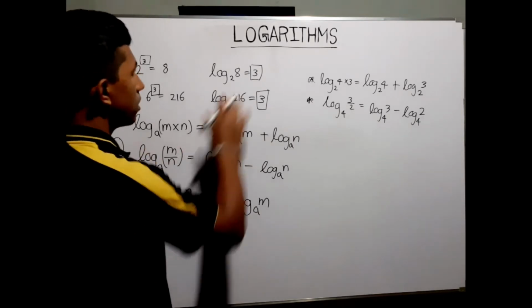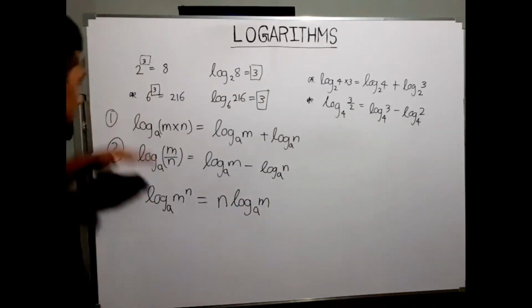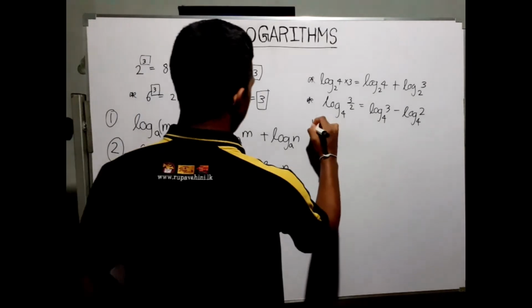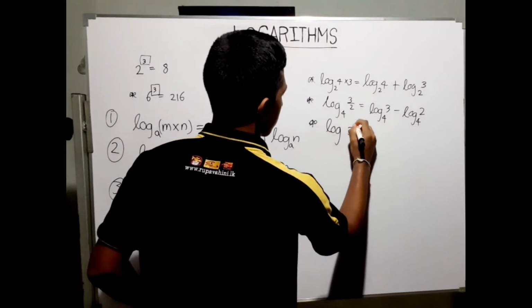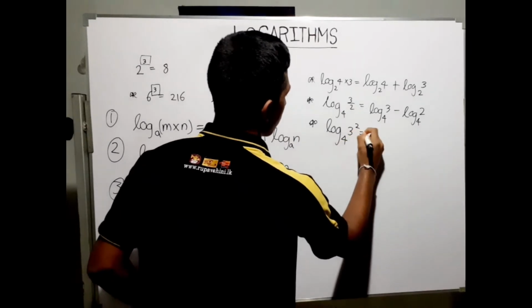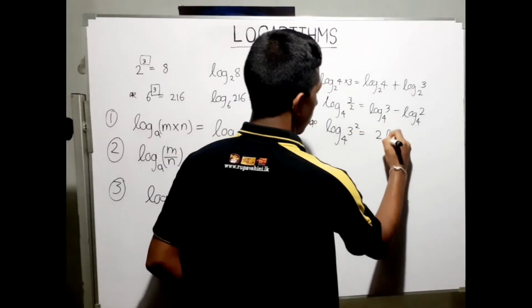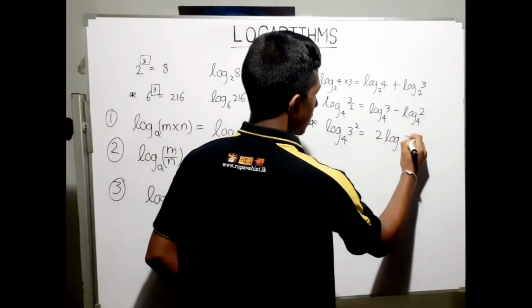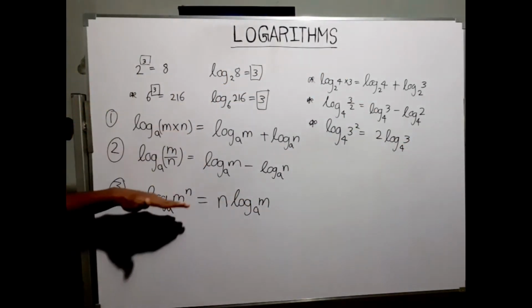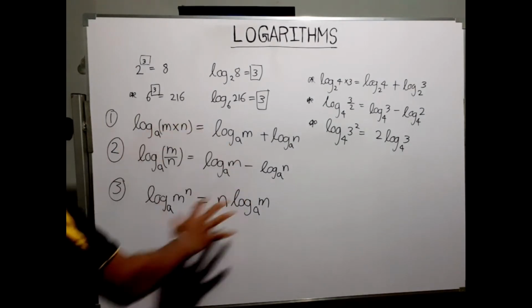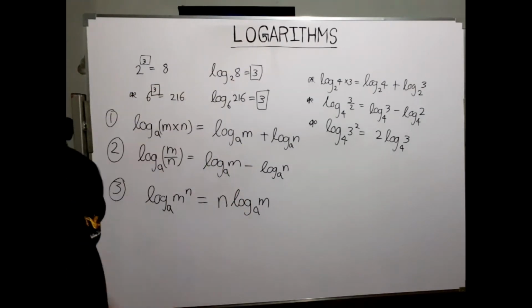That is the third rule under logarithms. So these are the 3 rules. If you look at an example, log of 3 to the power 2 to the base 4 is going to be 2 log 3 to the base 4. So these are the 3 rules, and this forms the foundation of logarithms.